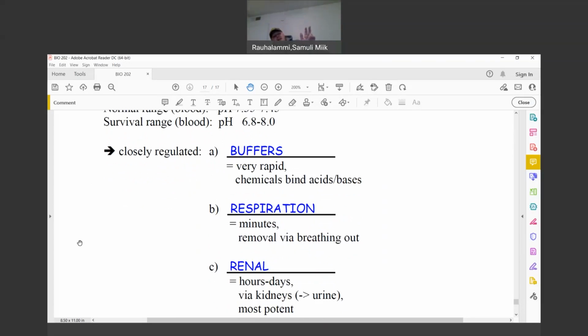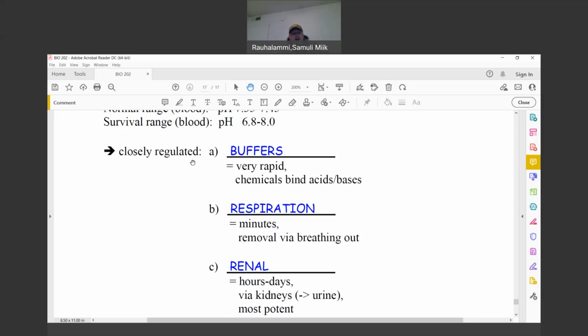And finally, we discussed the kidney mechanism, the renal mechanism, which takes a longer time, from hours even to days, to remove via the kidneys in urine materials that might affect the pH. This is the most efficient, but also the slowest method. So the effects are long lasting, very large, potent changes.